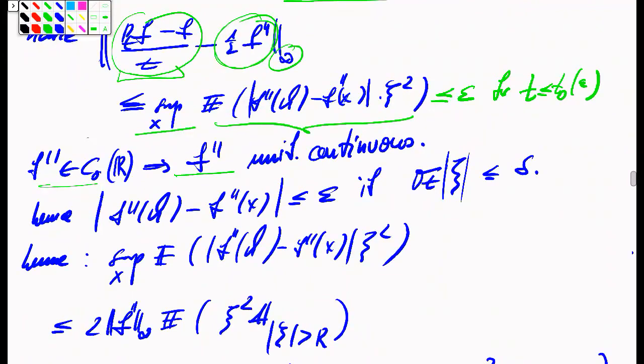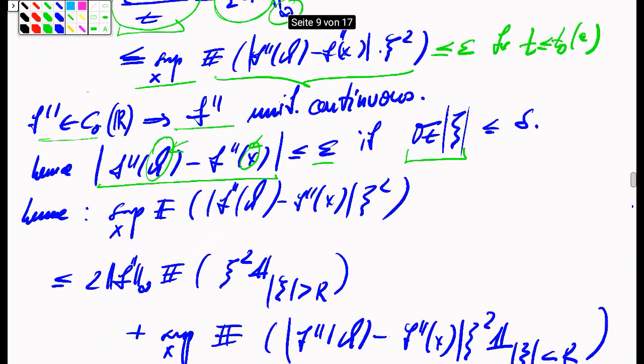This means in particular that this evaluation of this second derivative at two different points will be smaller than any epsilon if the maximal difference between this psi and the x is smaller than a certain delta, but that can in particular be achieved if square root of t times psi is less or equal to delta, where psi is the realization of the Gaussian.